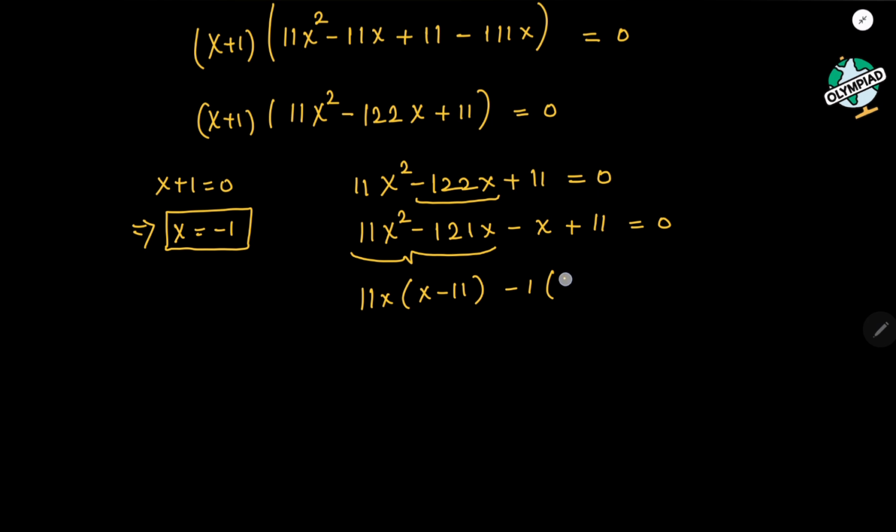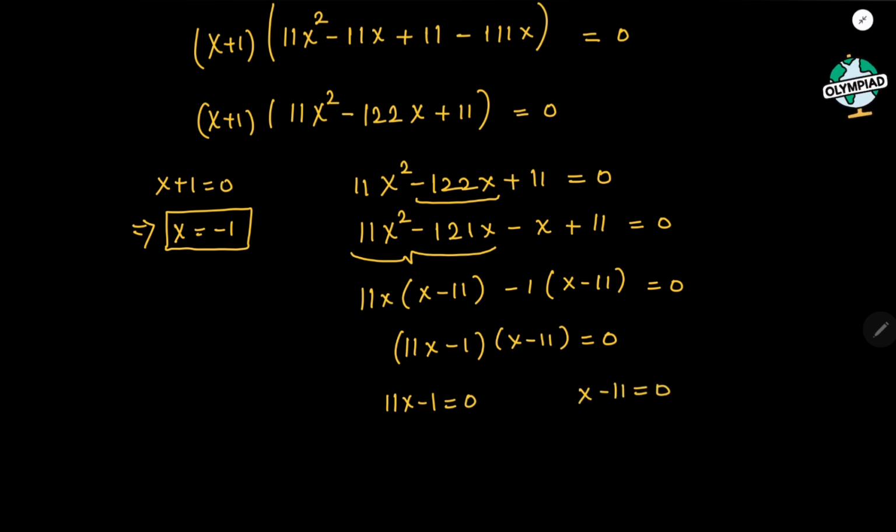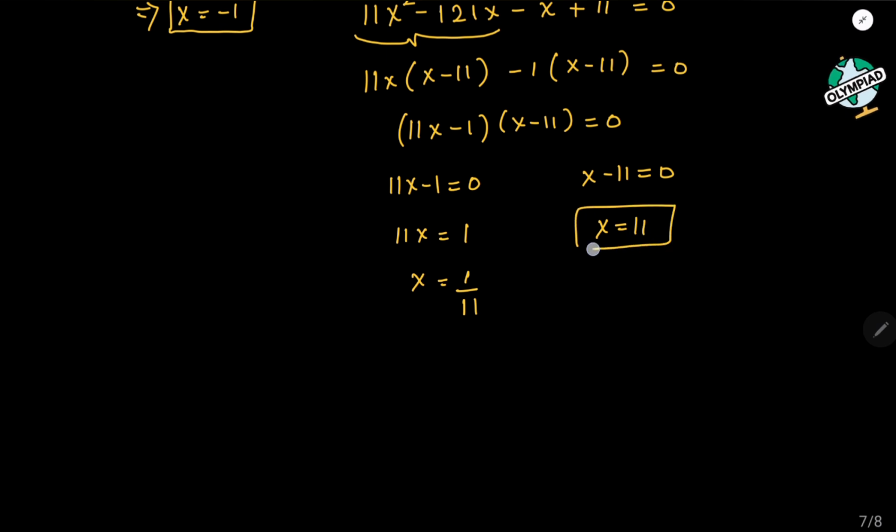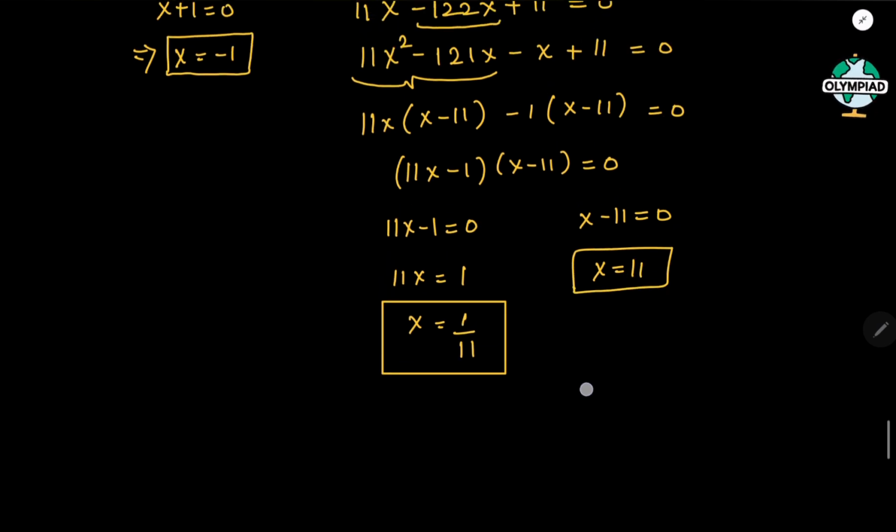Here I will take −1 common, and I'm left with x − 11. So this can be written as (11x − 1)(x − 11) = 0, which will give us either 11x − 1 = 0 or x − 11 = 0, right? So x = 1/11 or x = 11. So we got these three roots of the given equation, right?